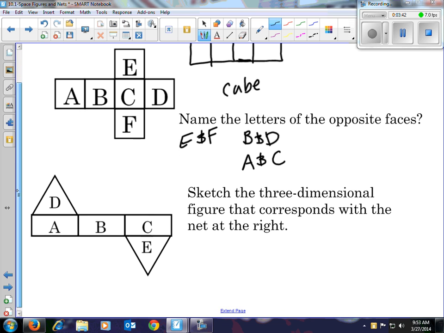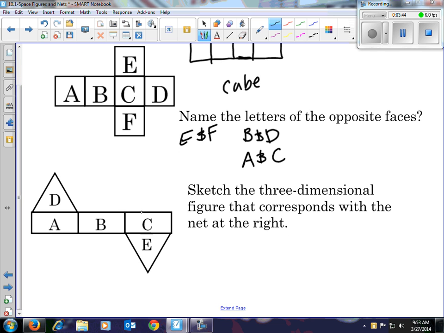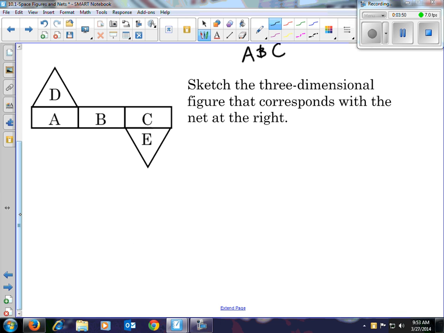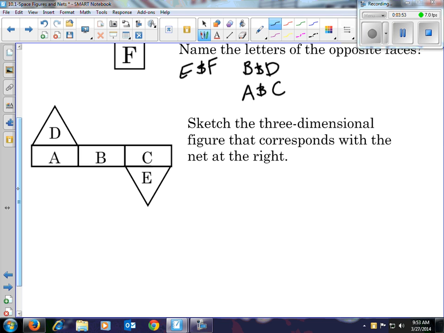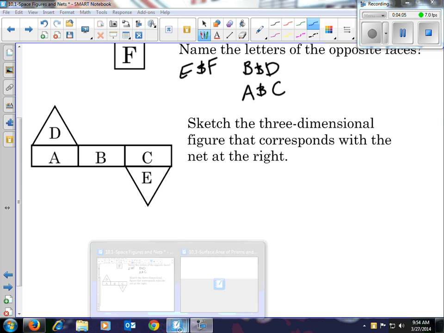So now we're going to do the opposite. We're given this, and we need to sketch the three-dimensional figure. Now, don't be so upset if you are not an awesome artist. Just do your best. So if I were to sketch this, I'm going to start by looking at what different shapes I have to begin with. And I have triangles.